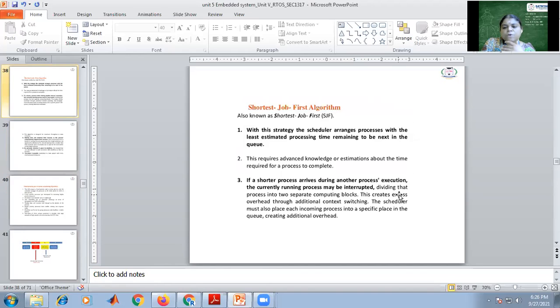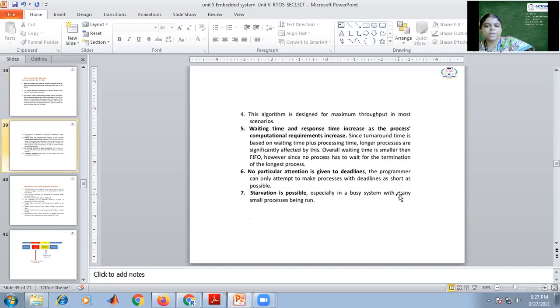If a shorter process arrives during another process's execution, then the currently running process will be interrupted. Then it divides the process into two separate blocks. So that is shortest job. The one that has the shortest completion time will be given the first chance for completing the task.